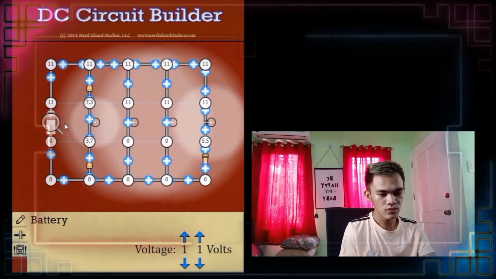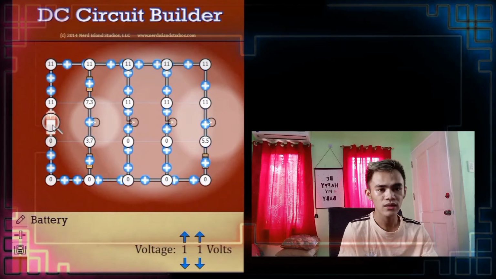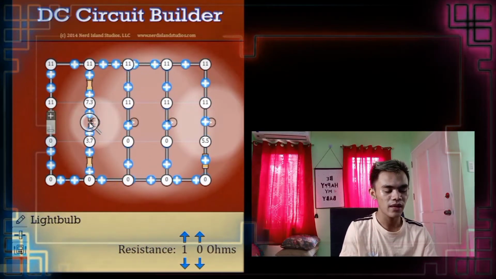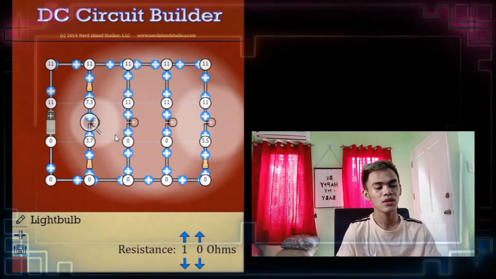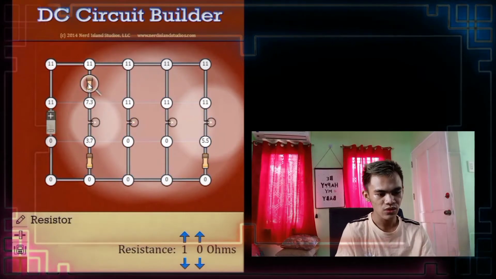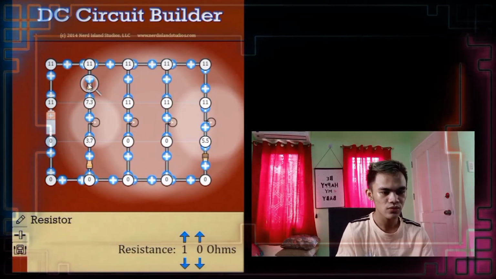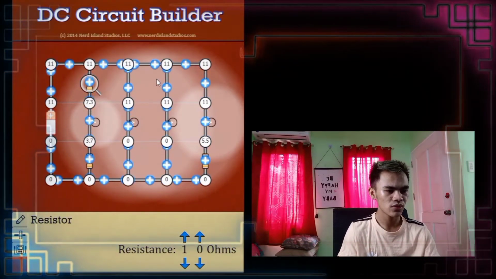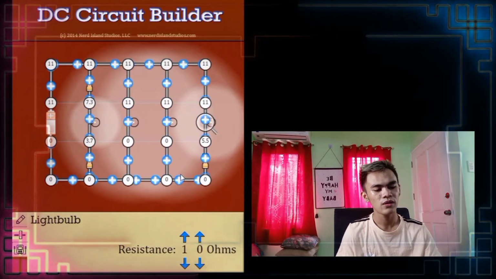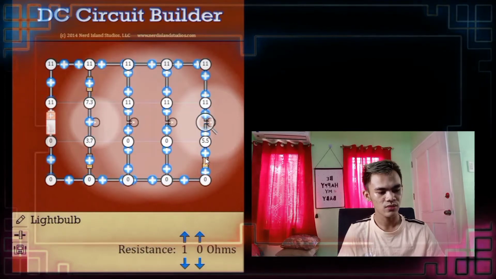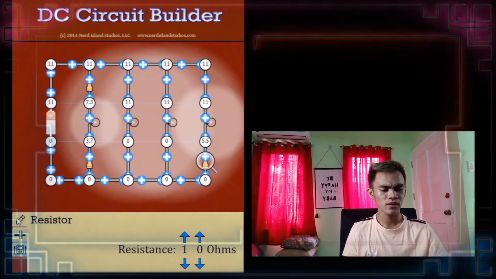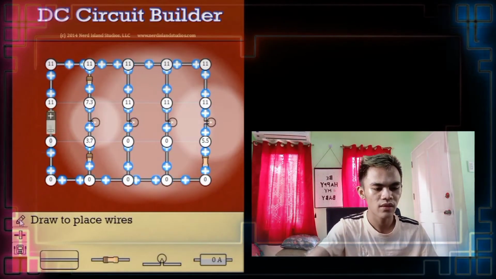I have here a battery, and let's click a light bulb, and its resistance is 10 ohms. And we have here a resistor, and its resistance is also 10 ohms. And a wire, a light bulb, and a resistor. Just the same, it's as simple as that.